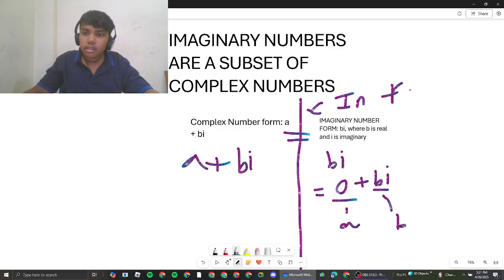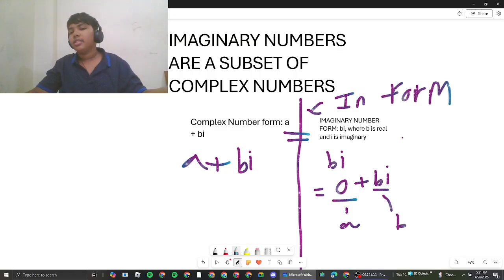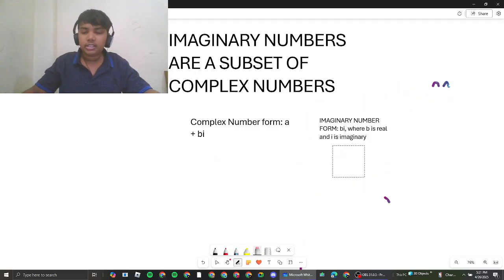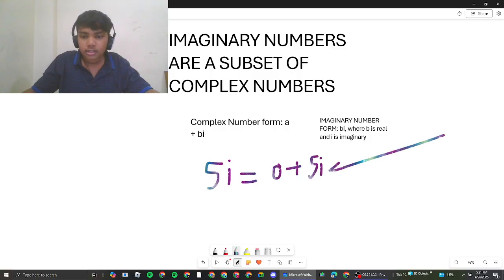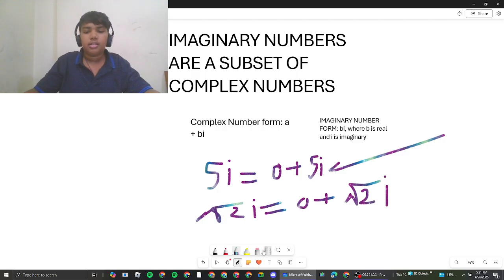What I mean by this is that we can represent this in, for example, if I have something like 5i, can't I write this as 0 plus 5i? Yes or no? Yes. And if I have something like square root of 2i, can't I write this as 0 plus square root of 2i? Yeah, we can.